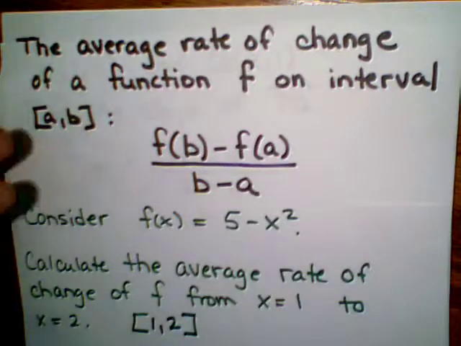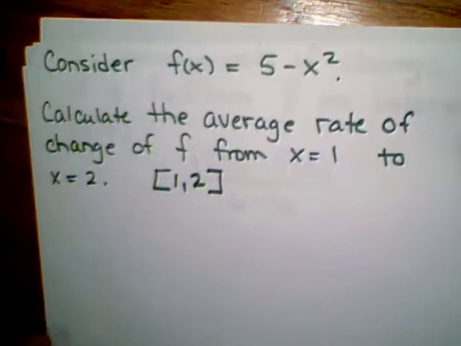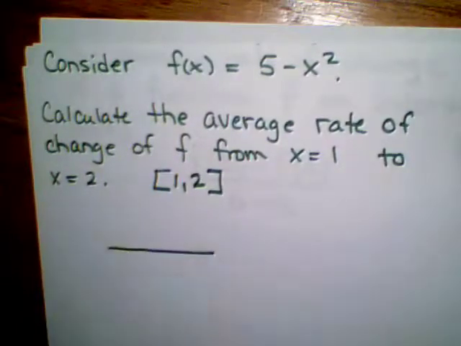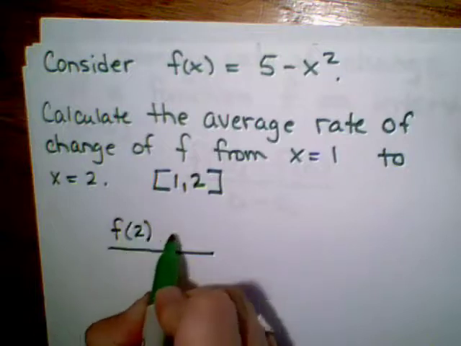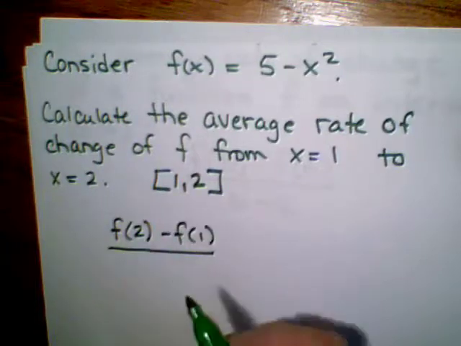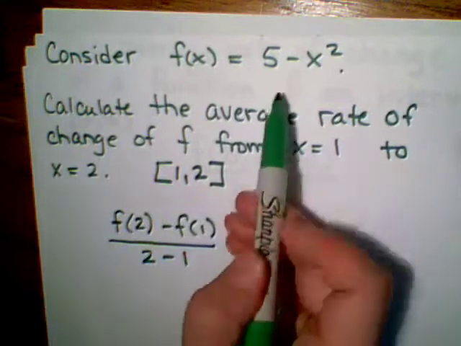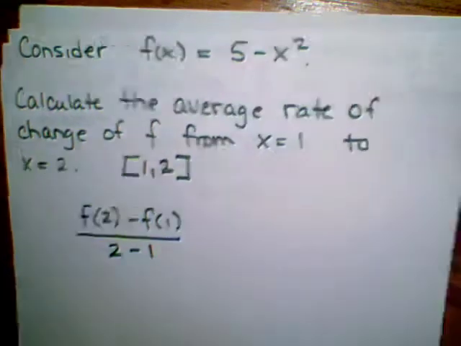Let's do our calculations. Average rate of change is a ratio. We're going to write down f of 2 minus f of 1, and we'll divide that by the difference 2 minus 1. Well, our function is this quadratic function, 5 minus x squared.